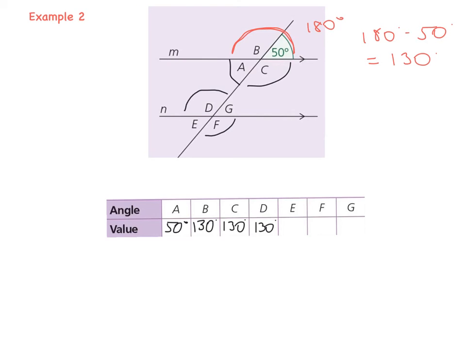Okay, so F is 130, and then E the same as A is 50, and G exactly the same as E, or exactly the same as 50. So there are lots of ways to find the answer in here. You just need to give me explanation. Why do you think is this measurements, okay?